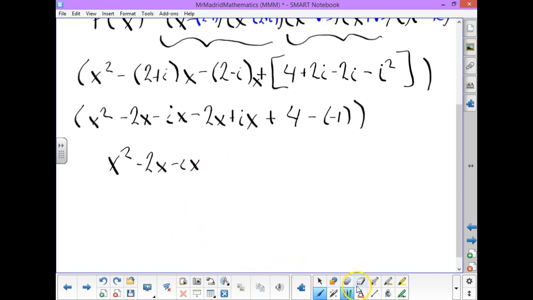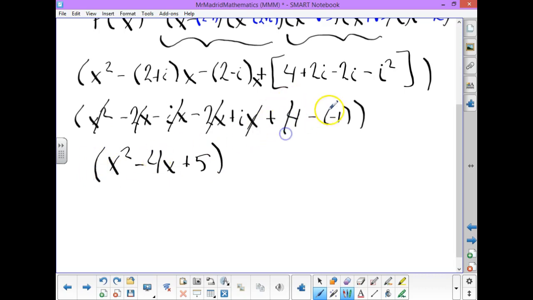As a matter of fact, let's combine like terms at this point. The ix terms can be combined. They are opposites, so they're eliminated. And then lastly I have 4 plus 1, which is 5.